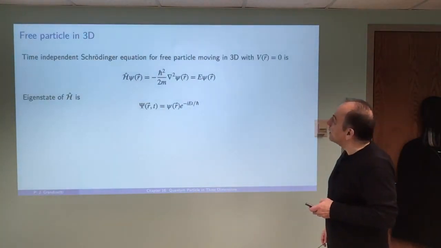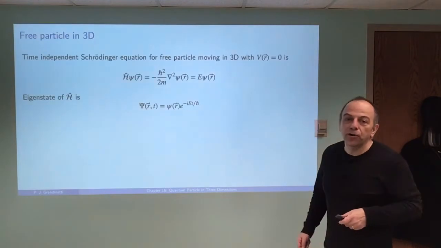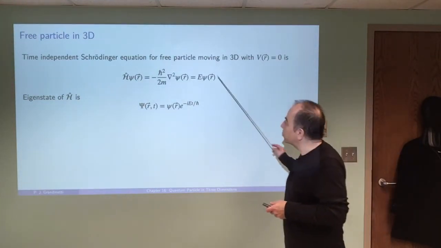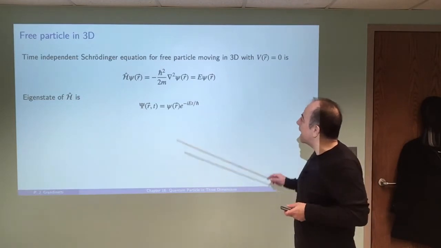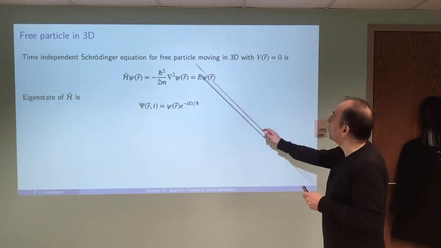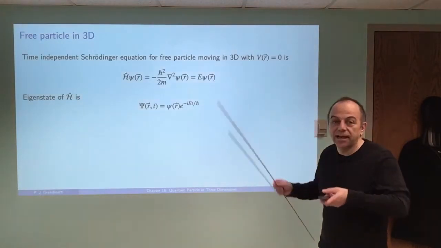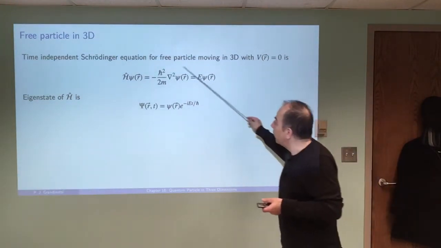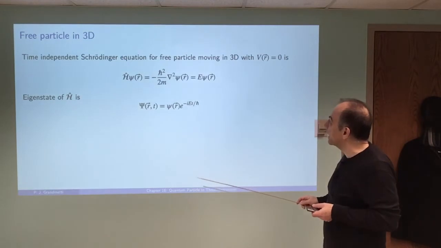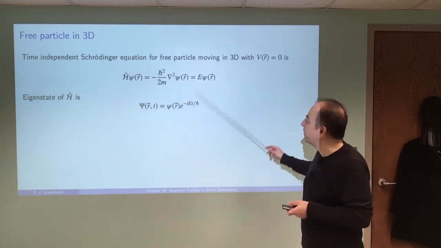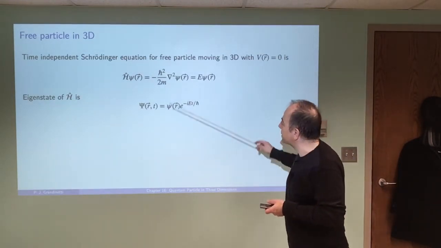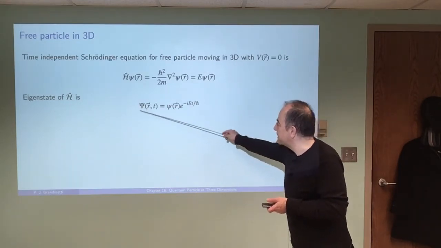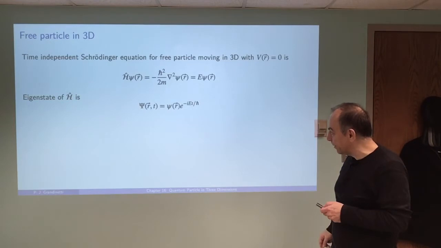Now, let's go to a free particle moving in three dimensions. The Schrodinger equation is H psi equals E psi. For a free particle moving in a constant potential, which we'll say is 0, we can write down the Schrodinger equation here. The solution, the eigenstates for this differential equation, will be this stationary state that we see here.